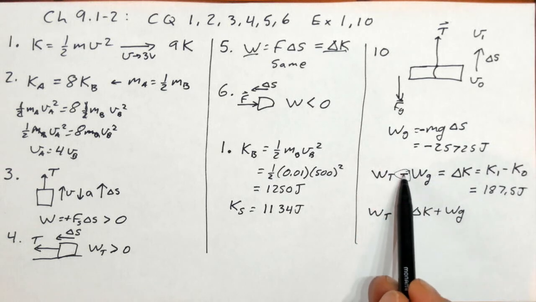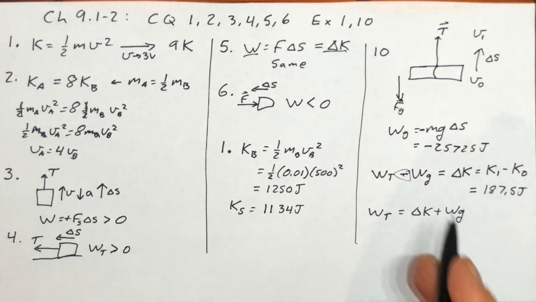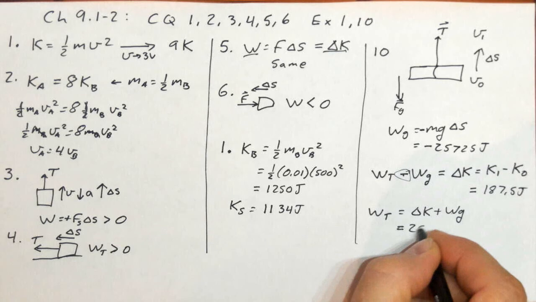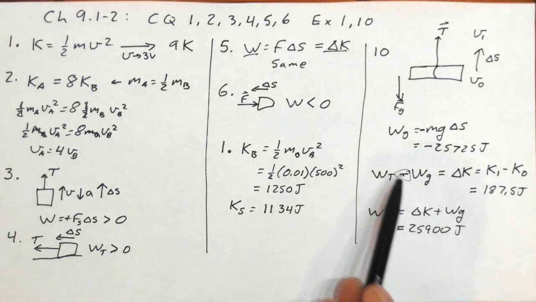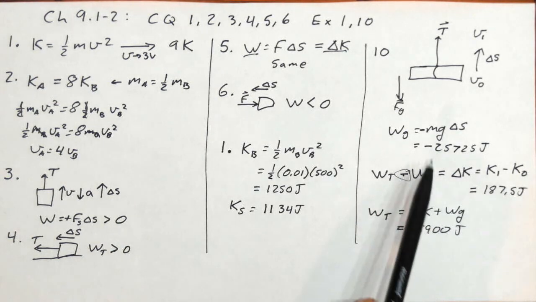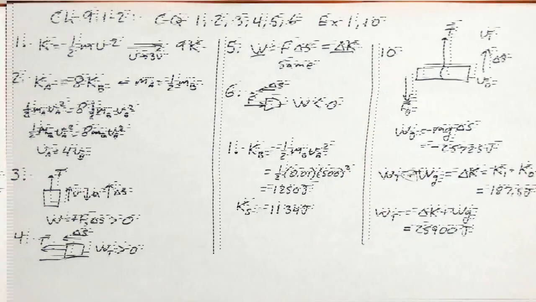We chose to indicate that negative sign by putting it here. So if you add those together, we get 25,900 rounding up. So that's the work done by tension. And the more important thing is it's greater than the work done by gravity, because it did go upward. Okay, so that's the main idea.